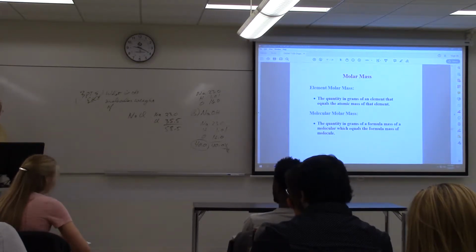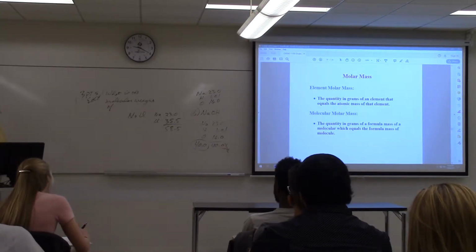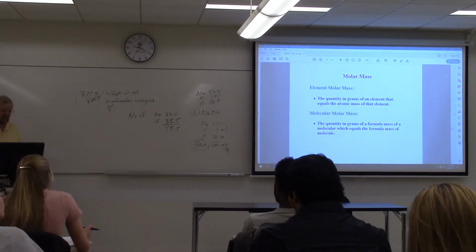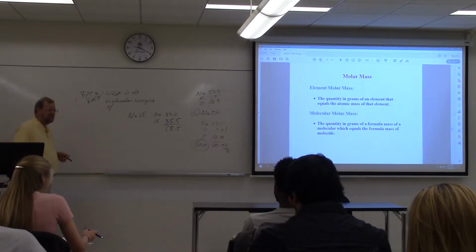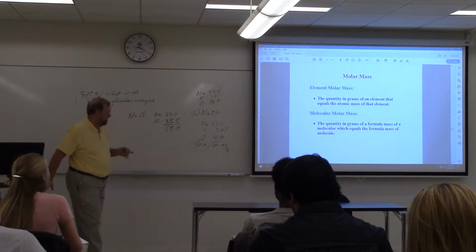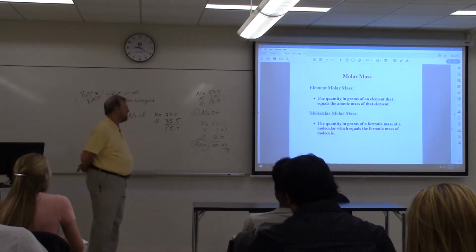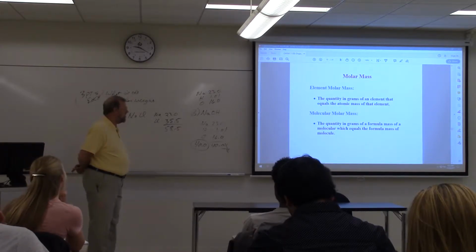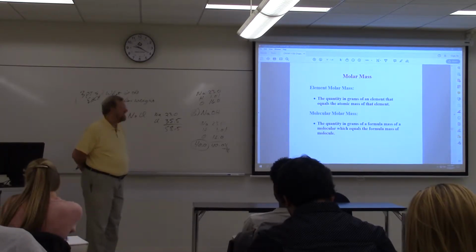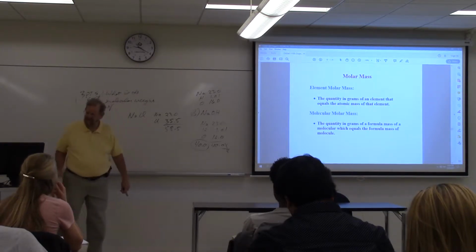All right. Now, there's 2 very important concepts in all of chemistry. I don't know anything more powerful. And that's called molar mass. And I'll never ask you these definitions, but I'll show you a better way to learn them. And that is elemental molar mass. The quantity in grams of an element equals the atomic mass of that element.